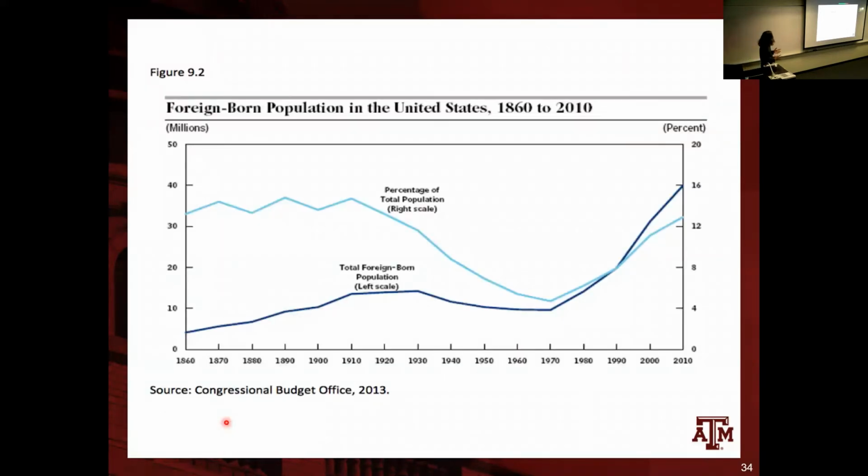This is pretty much the same information. The previous columns in the previous graph are this dark blue line here, the foreign-born population in the US in millions on the left vertical axis, and as a percentage of the total population, the light blue line on the right vertical axis.